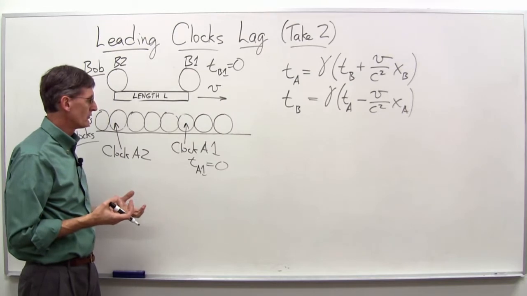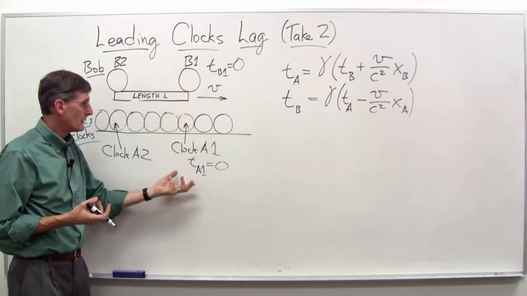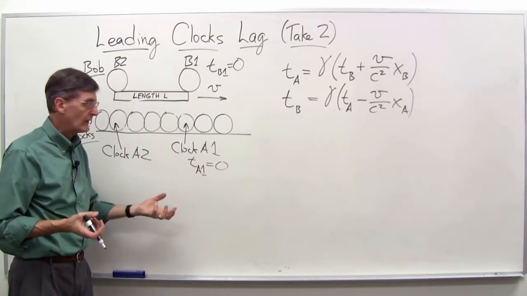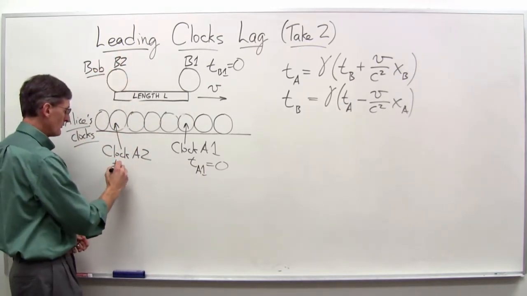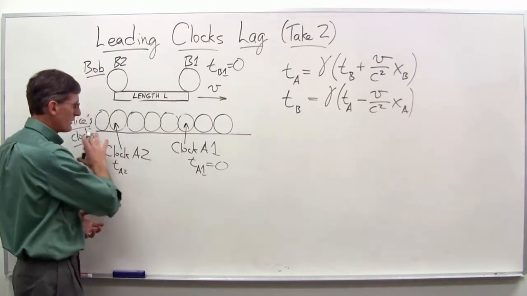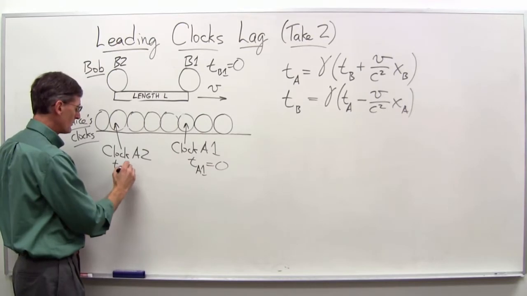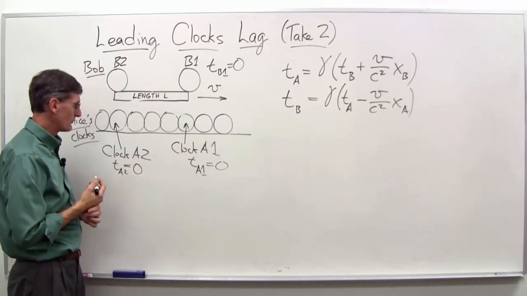And the question is, we take this flash photograph. Let's also, at that instant in time, take a flash photograph back here. From Alice's perspective, because all her clocks are synchronized, she'll see T sub A2 equals 0.